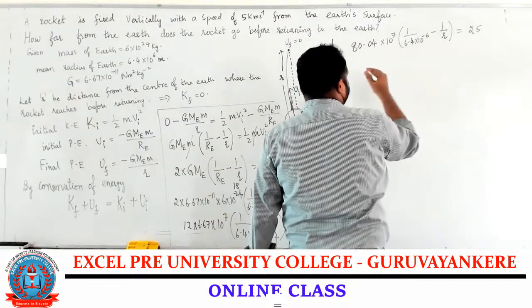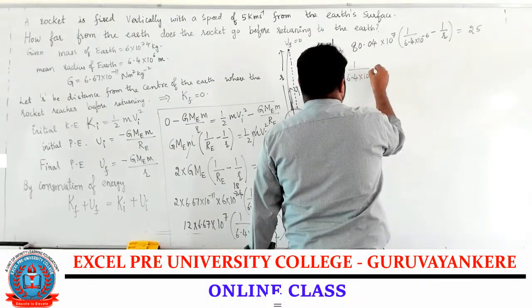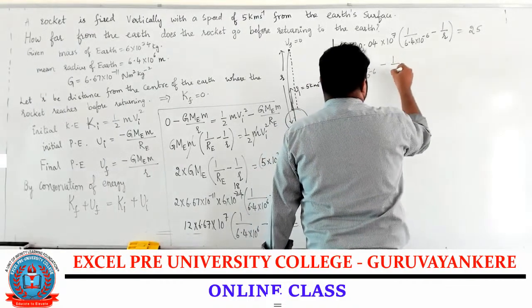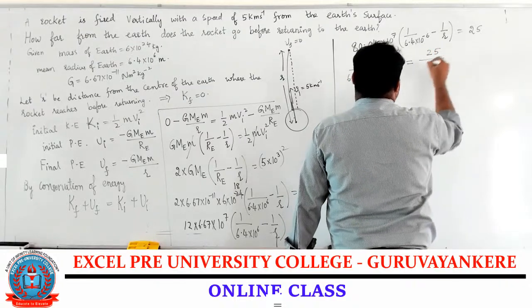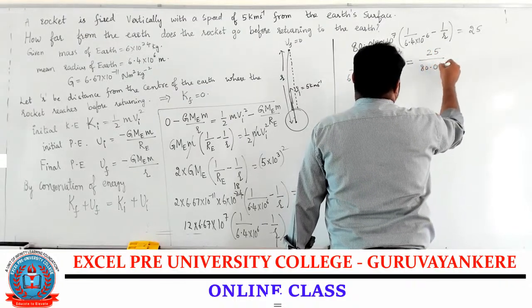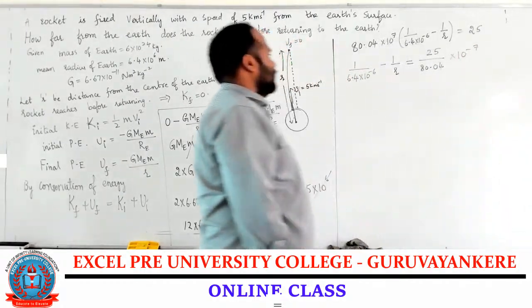This is fully equal to 1 by 6.4 into 10 to the power minus 4 minus 1 by r is equal to 25 by 8.04 into 10 to the power minus 7.